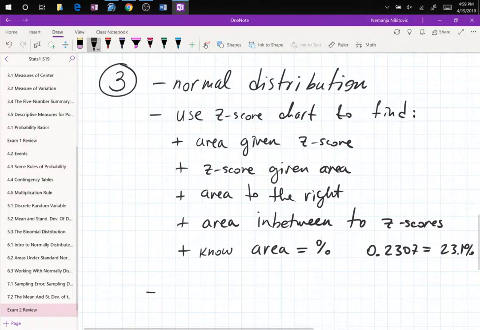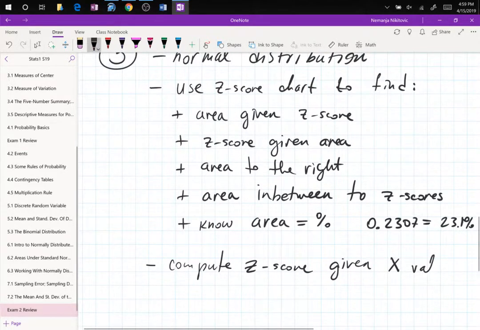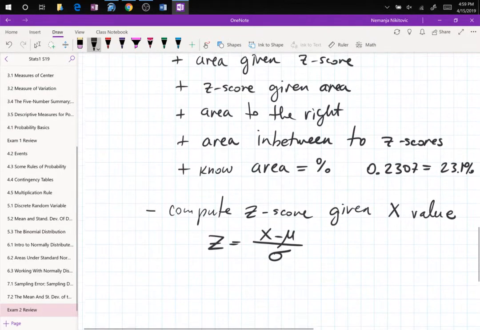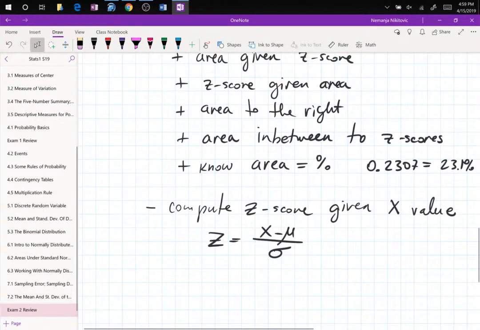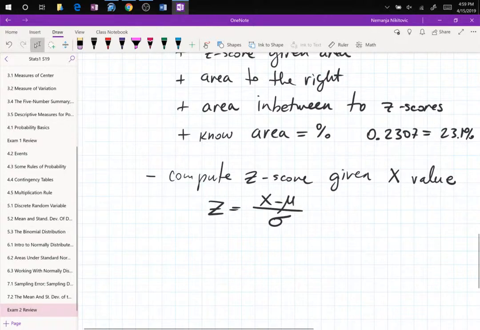Okay, compute z-score given an x value. So we know that the z-score is equal to x minus the mean divided by standard deviation. This formula has been with us for 4 chapters now. So that's something that would be good. And I think that's it.